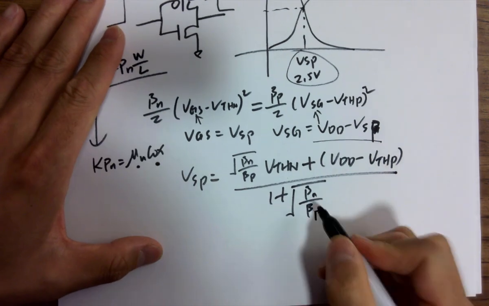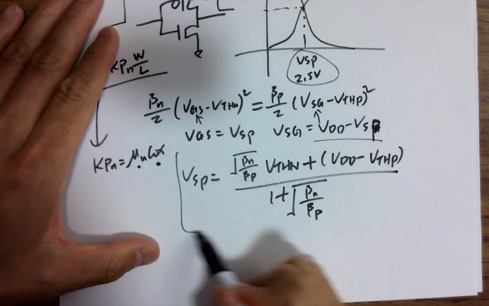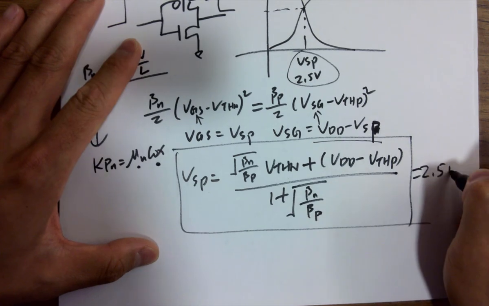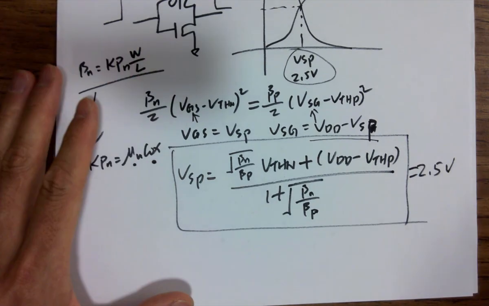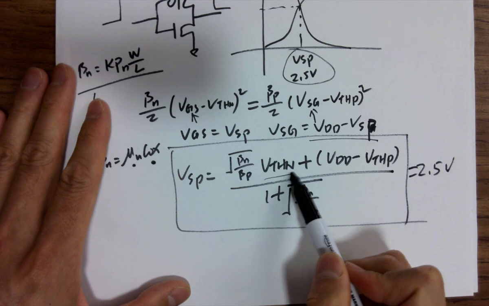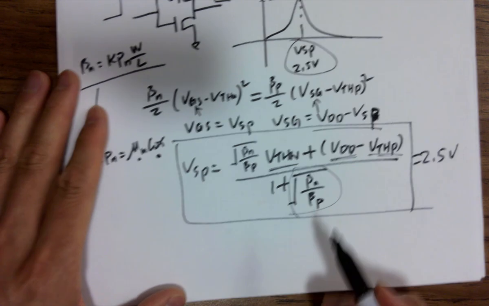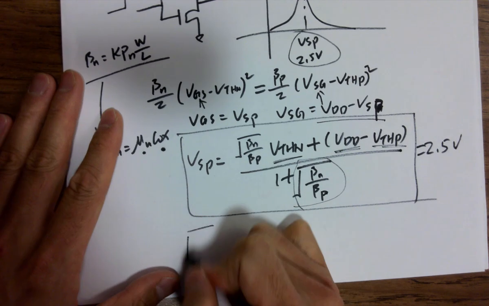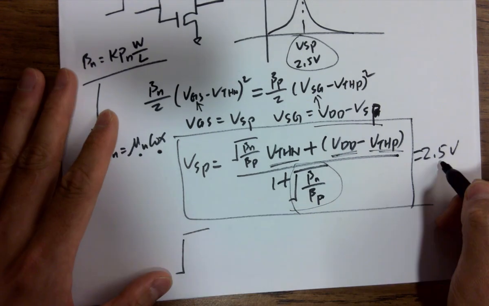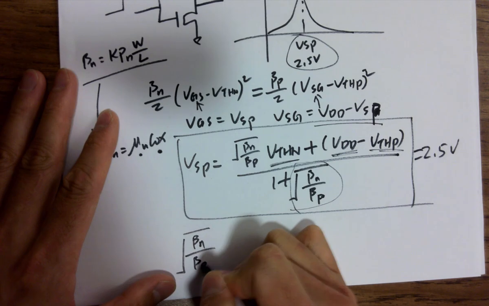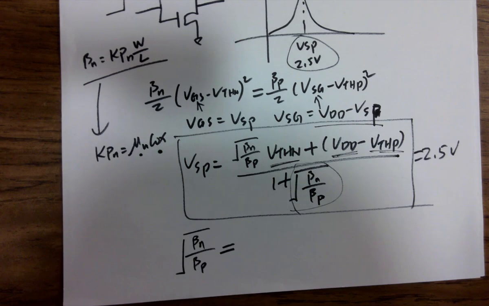So that's a conclusion. Why do we need this conclusion? Because we need VSP to be 2.5 volts. The other values are given, so this ratio becomes the only variable, and then we can calculate it when VSP is 2.5 volts.